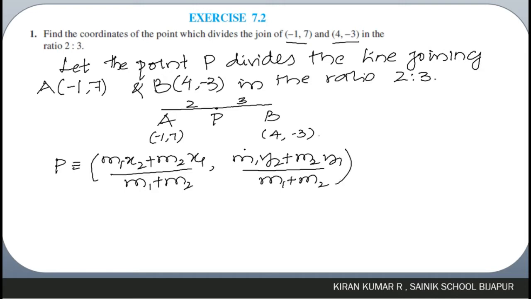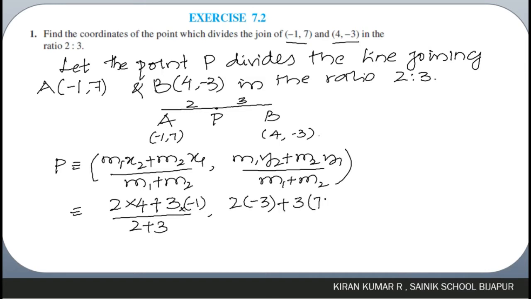Let us substitute the respective values. It is 2 multiplied to 4 plus 3 multiplied to -1 divided by 2 plus 3, comma, 2 multiplied to -3 plus 3 multiplied to 7 divided by 2 plus 3.